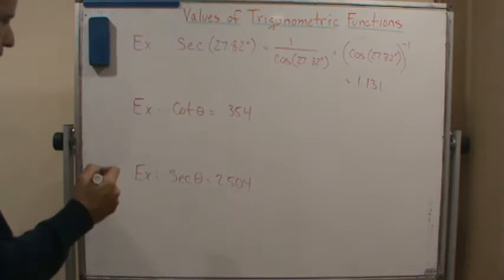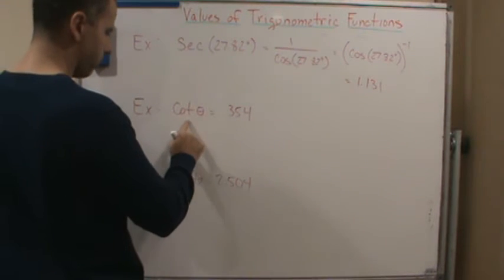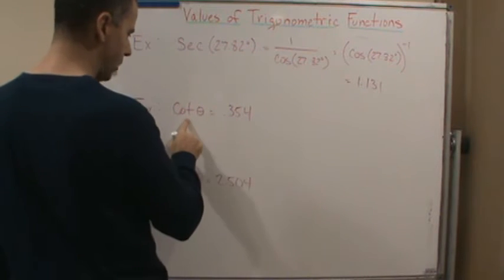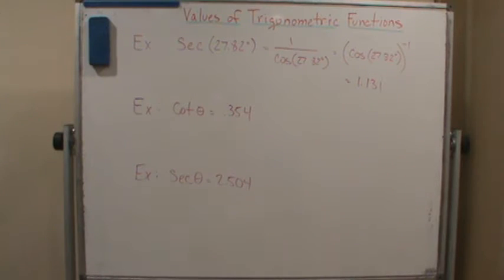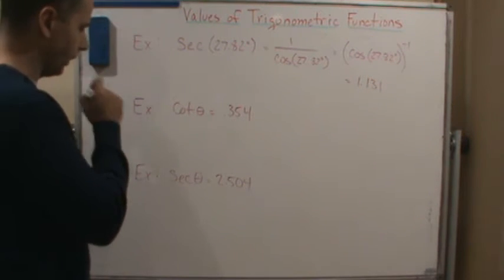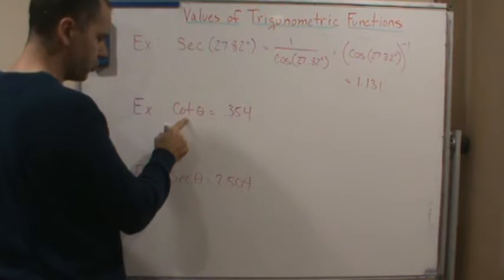Let's change this into tangent. If the cotangent is equal to this, how can we use tangent? Cotangent is 1 over tangent, so I can use the reciprocal of tangent.